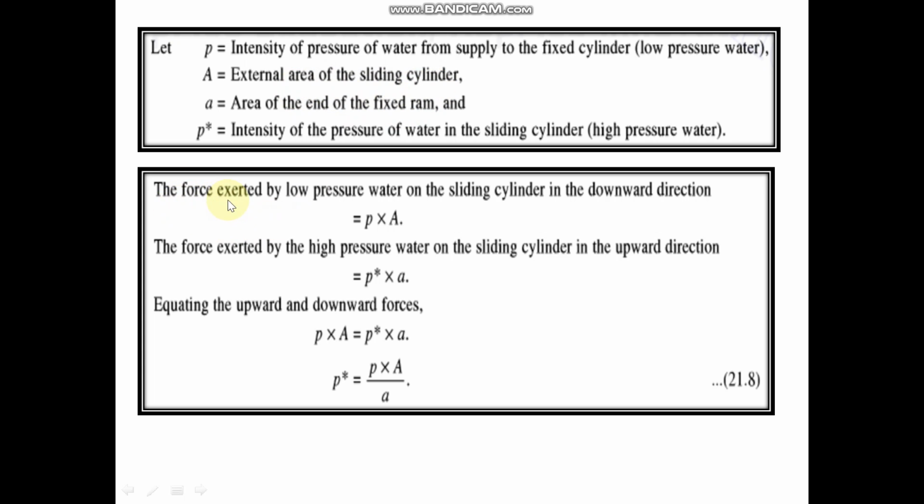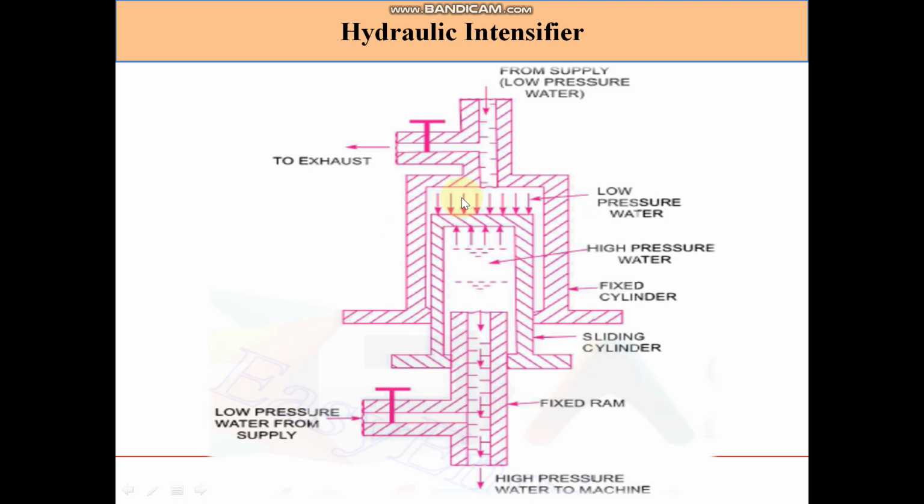Now the force exerted by low pressure water on the sliding cylinder in the downward direction: P is the intensity of pressure here, A is the outer area of this sliding cylinder. So P into A is the force applied by low pressure water here in the downward direction.